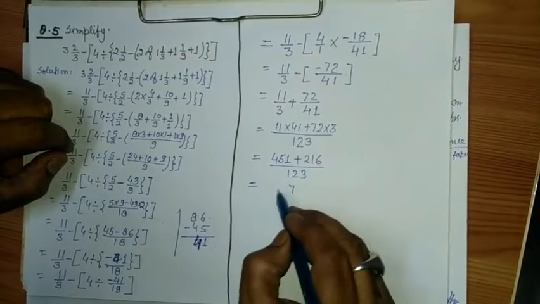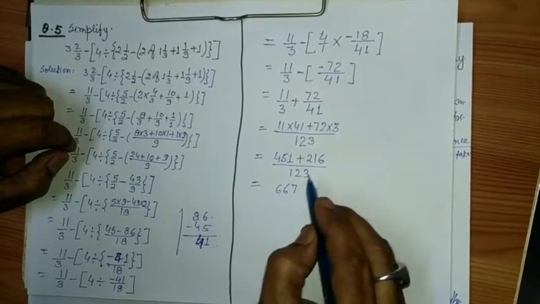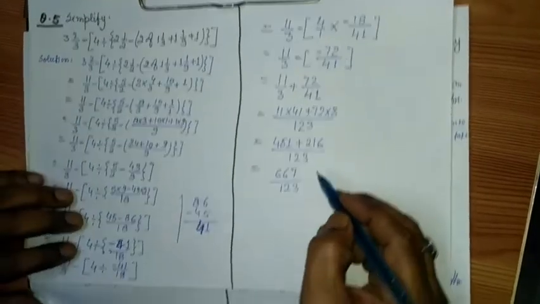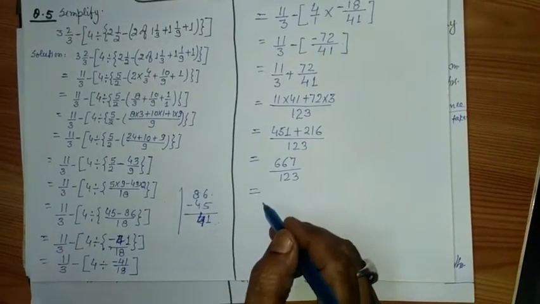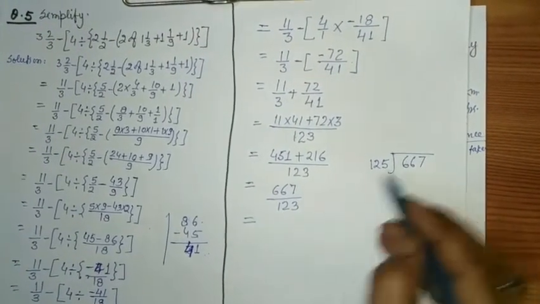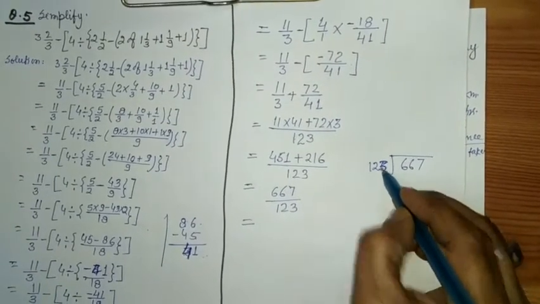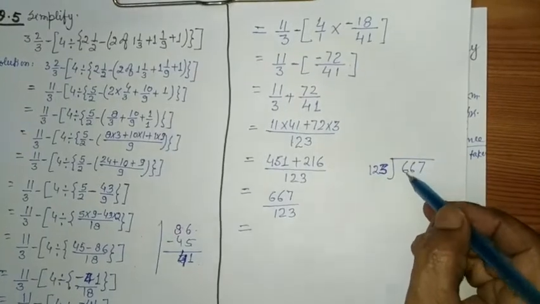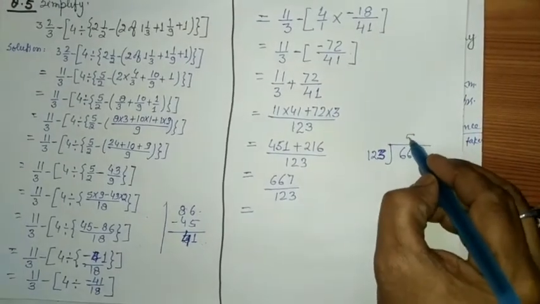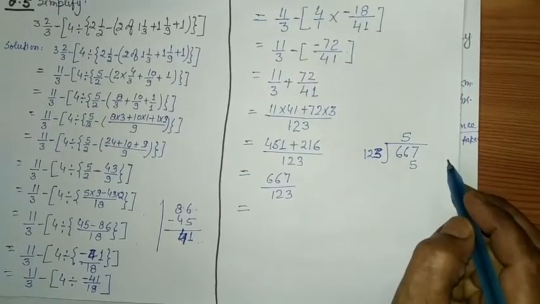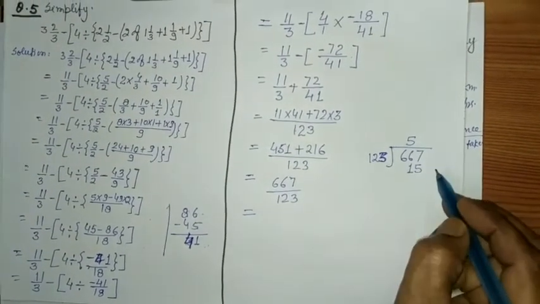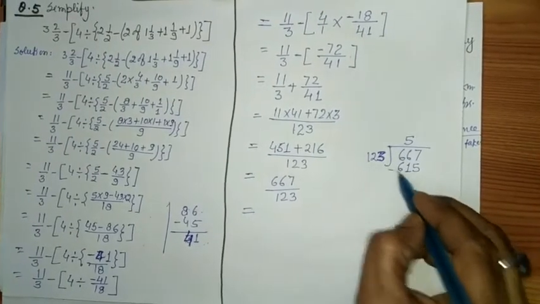667 upon 123. Divide 667 by 123. This is 123 times 5 is 615. 5 threes are 15, 1, 5 twos are 10, 1 is 11, carry over 1, 5 ones are 5, 1 is 6.